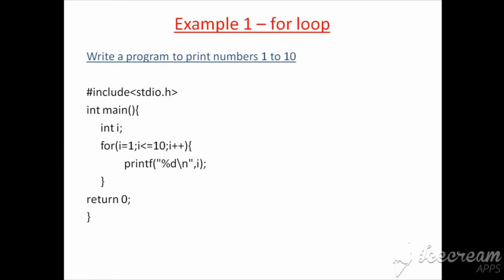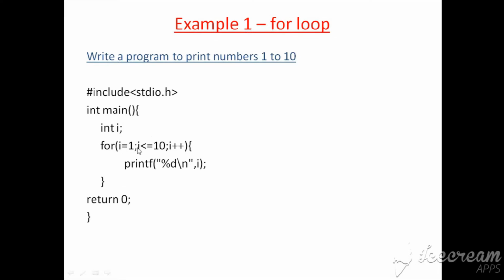So instead of writing printf 1, printf 2, printf 3, printf 4, we just put the for loop here, and it automatically executes this printf statement until this condition is not satisfied. Okay, so we put the for loop here and initialize i equals 1.